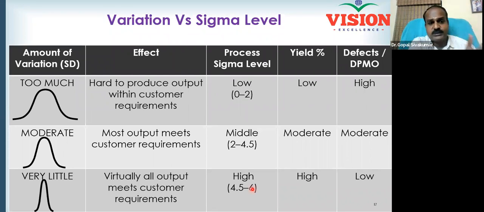We don't want to settle with the short-term capability, right? So the capability value of 99.996 is calculated using the Z score of 4.5. Wait for the learnings on Z score and other things, which we will teach you in the analyze phase. Under such a situation, the yield will be high and the DPMO will be low.